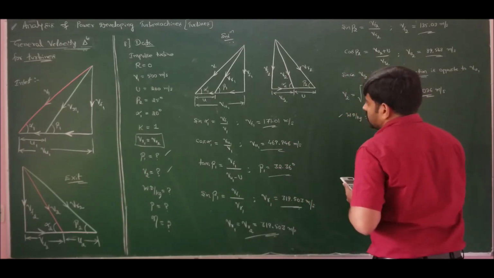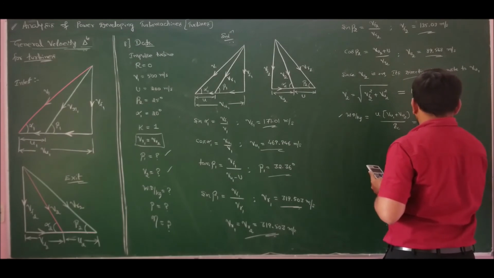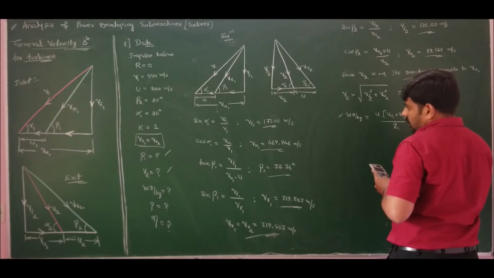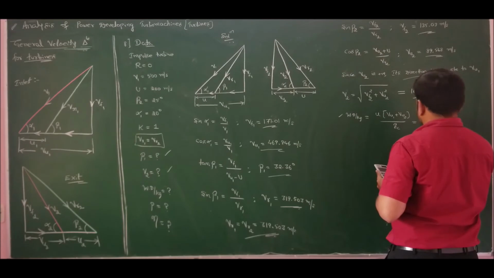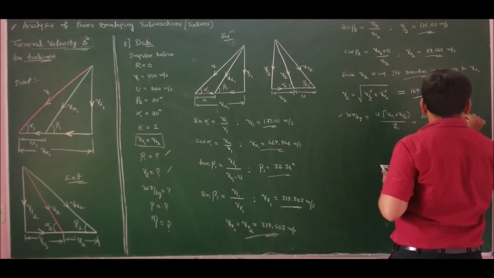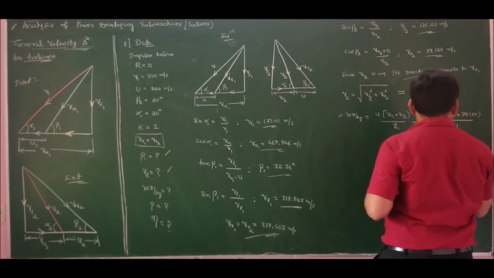So the value of U is given as 200. VU1 is 469.846 plus VU2 is 89.568 divided by 1.